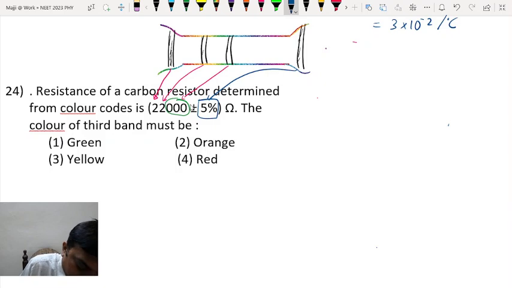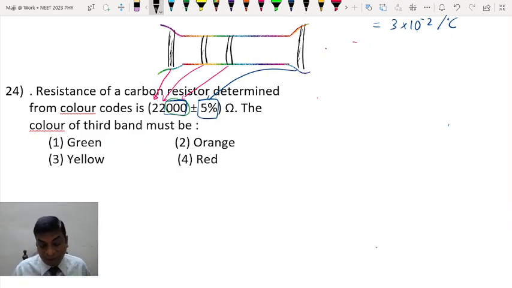So here the third band means we are interested in the number of zeros, which is 3. So we should know which color represents 3. That I'll let you know. There's a simple mnemonic, students. A mnemonic means a statement or a phrase which helps you remember certain things for a longer period of time, which are otherwise difficult to remember.